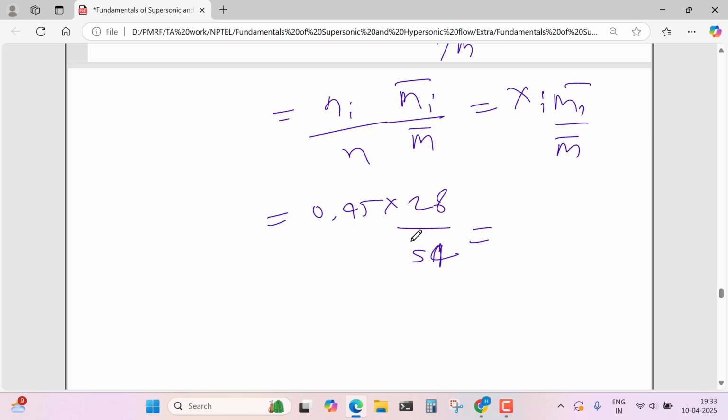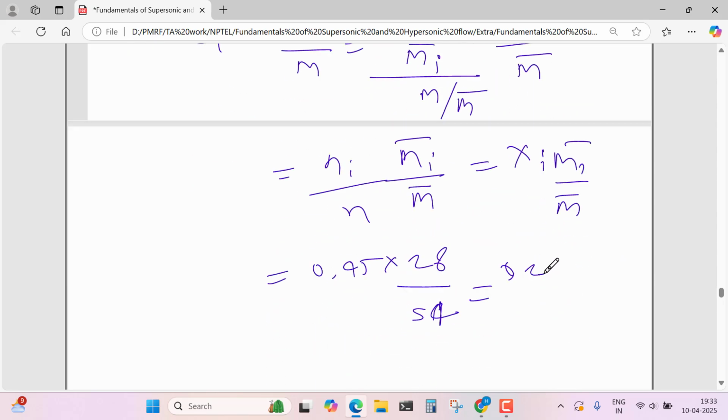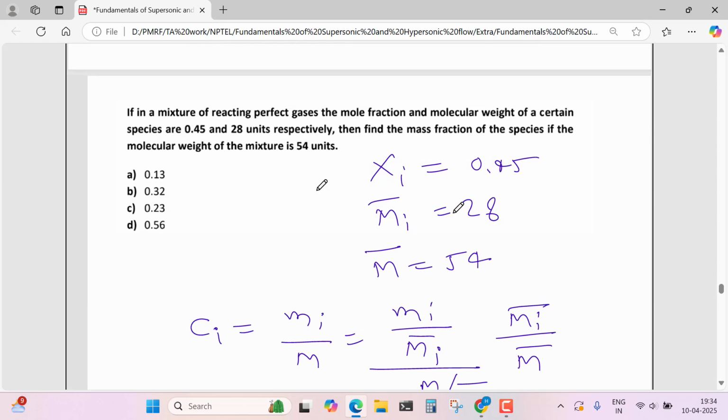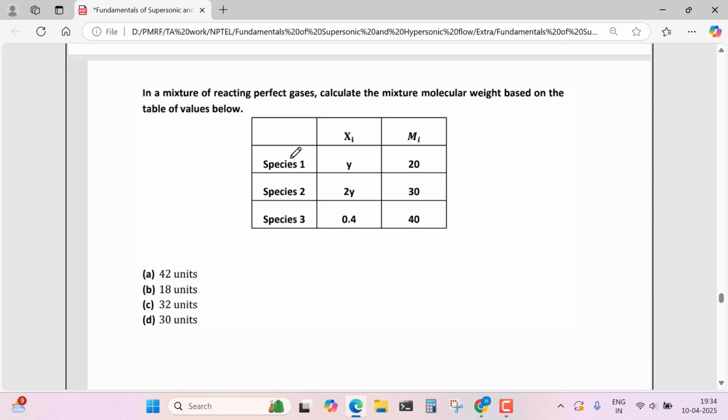So if we multiply it, we will get 0.233. So option C is the correct one. Let's check the next problem.